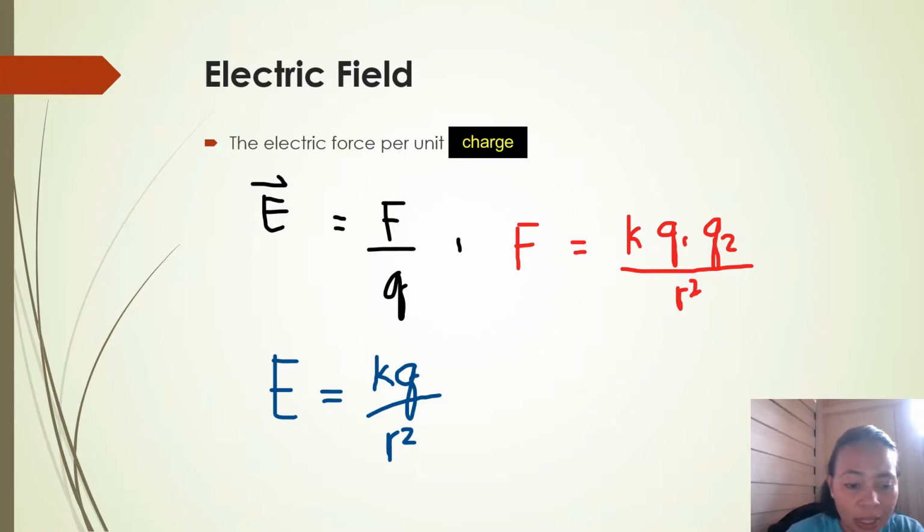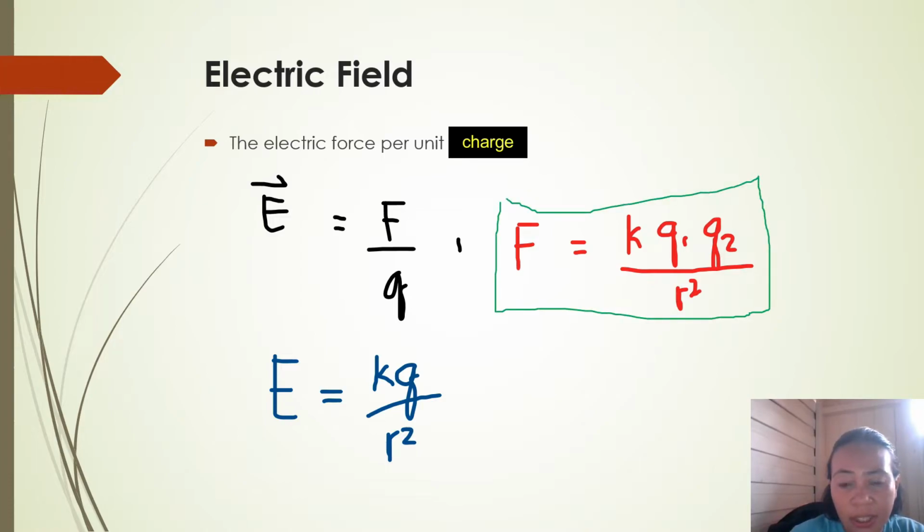By the way, I forgot your unit for force, electric force. As discussed earlier, this is your electric force. The unit here is Newton, or capital N. So your unit for electric force per unit charge, F over Q, will be Newton over, what's the unit for Q or charge?